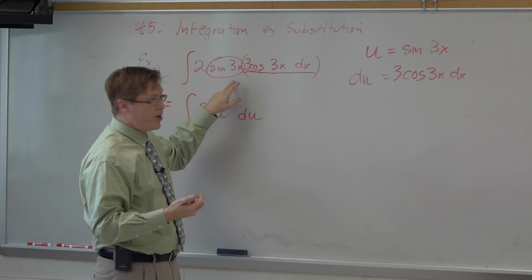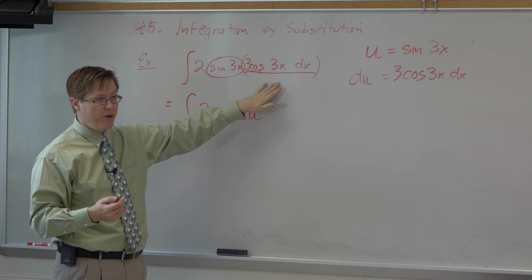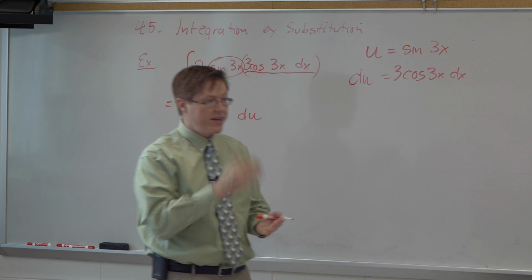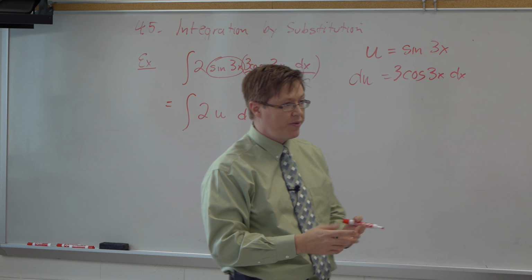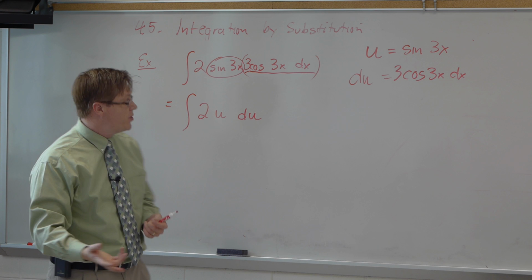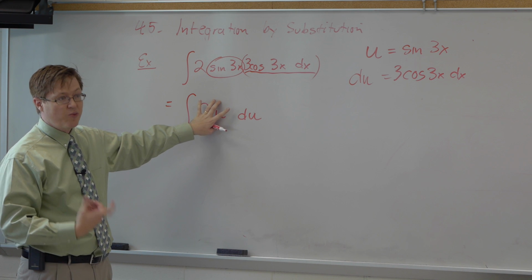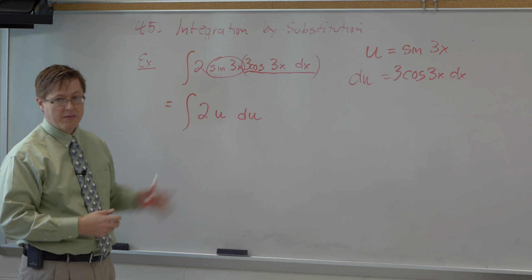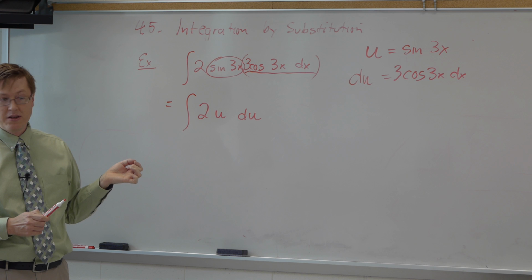If I just picked 3x, I would end up with, kind of like I said, a sine u and a cosine u. I still don't know how to integrate sine times cosine. Right? I know how to integrate just sine by itself. So if you pick a u substitution and it doesn't end up with something that you can integrate, then that was the wrong u substitution. Other questions up to here?